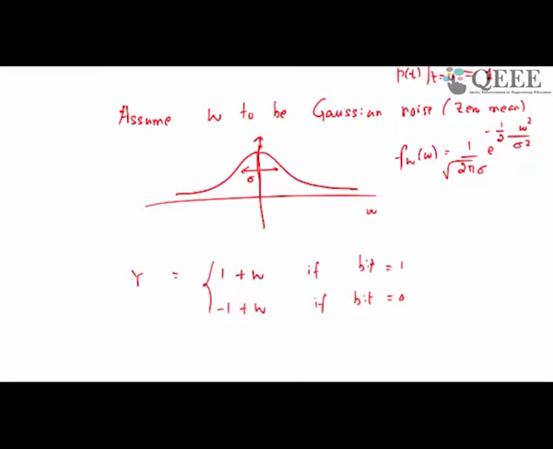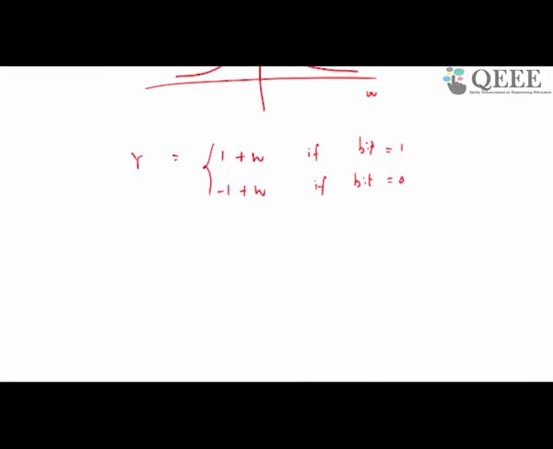So y is essentially Gaussian. When you add 1 or -1, the mean basically shifts. Let's say this is 1 and this is -1.